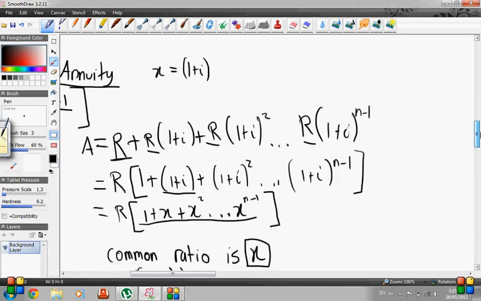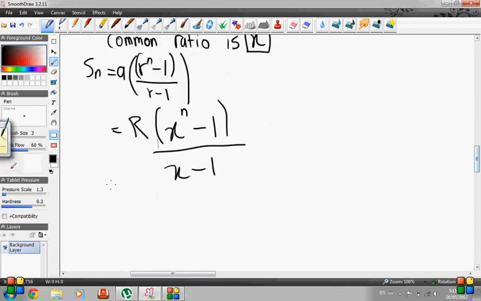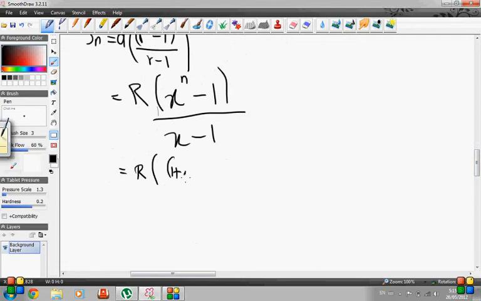Now the next thing to do is to substitute 1 plus I for X. If we do that, scroll down a bit, we get R times 1 plus I to the power of N minus 1 divided by 1 plus I minus 1.